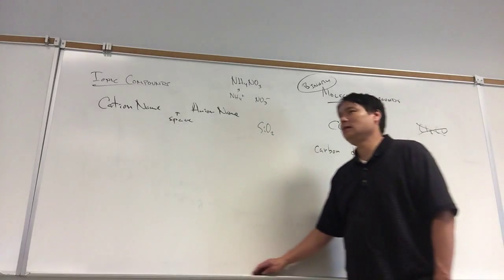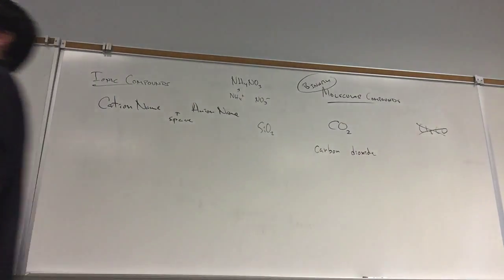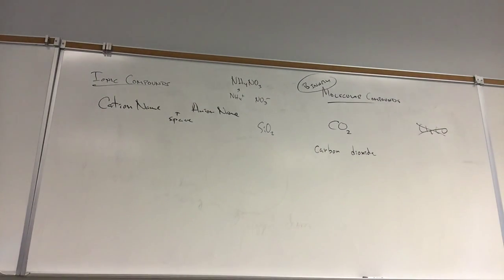Actually, silicon is at the border between non-metals on the right and metals on the left. Along this boundary, we call the elements that touch it metalloids or semi-metals. They have properties of both non-metals and metals.